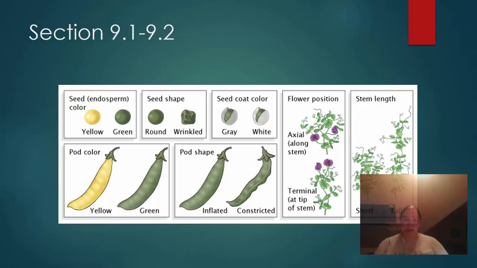And by studying his plants, Gregor Mendel identified some heritable traits that he was seeing in his favorite plants, his peas. He realized that certain plants would have green peas or yellow peas or constricted pods or nice round inflated ones.